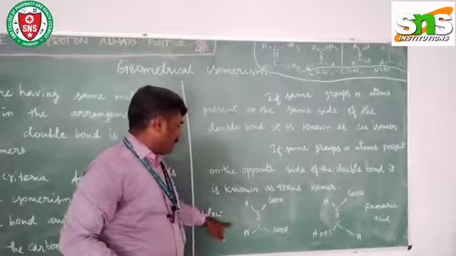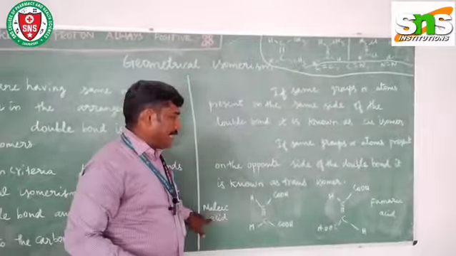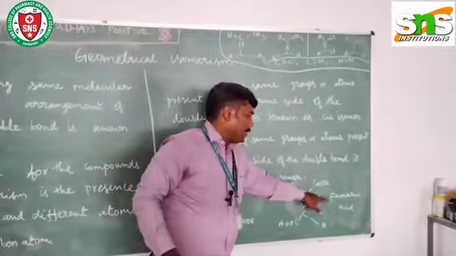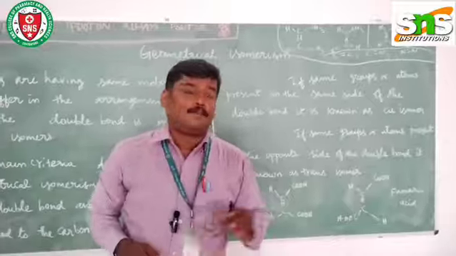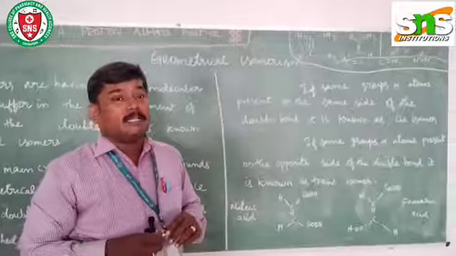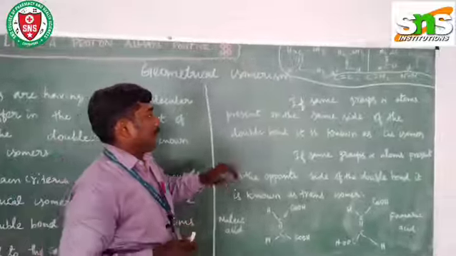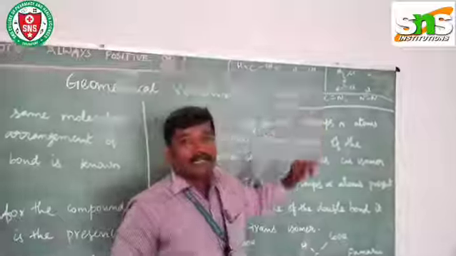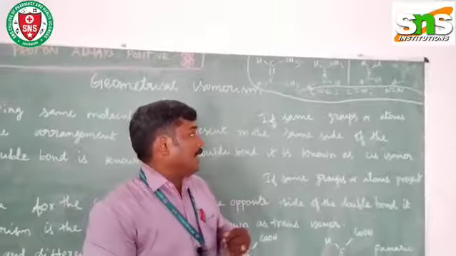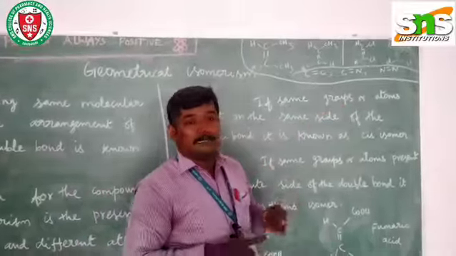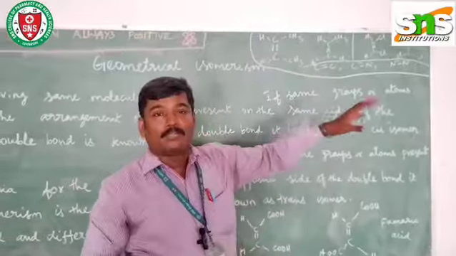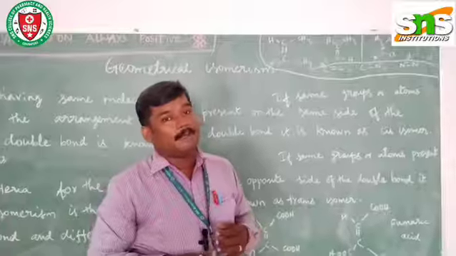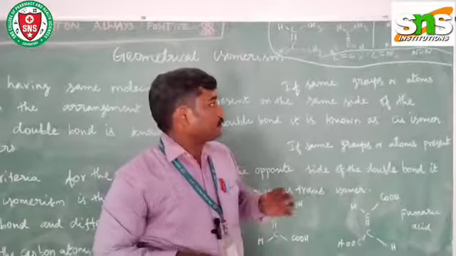The example for the cis-isomer is maleic acid, and for the trans-isomer it is fumaric acid. So, what are the compounds that will exhibit geometrical isomerism? Compounds containing carbon-carbon double bond, carbon-nitrogen double bond and N=N double bond will exhibit geometrical isomerism.